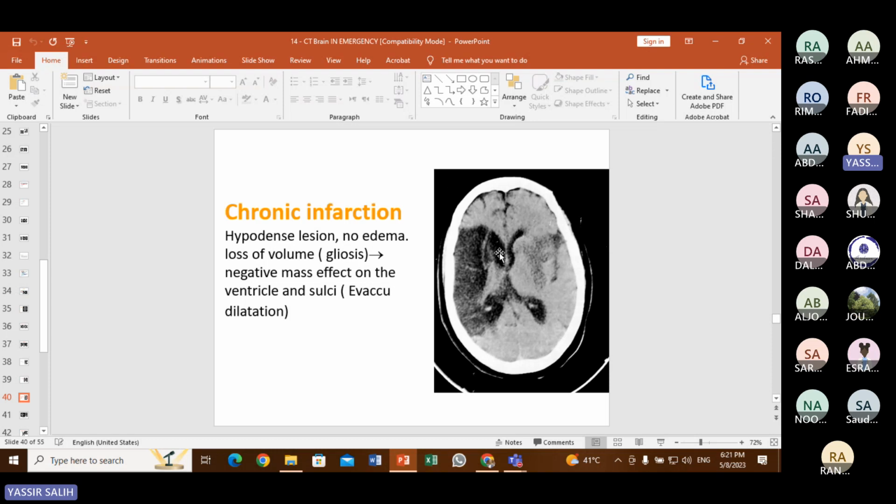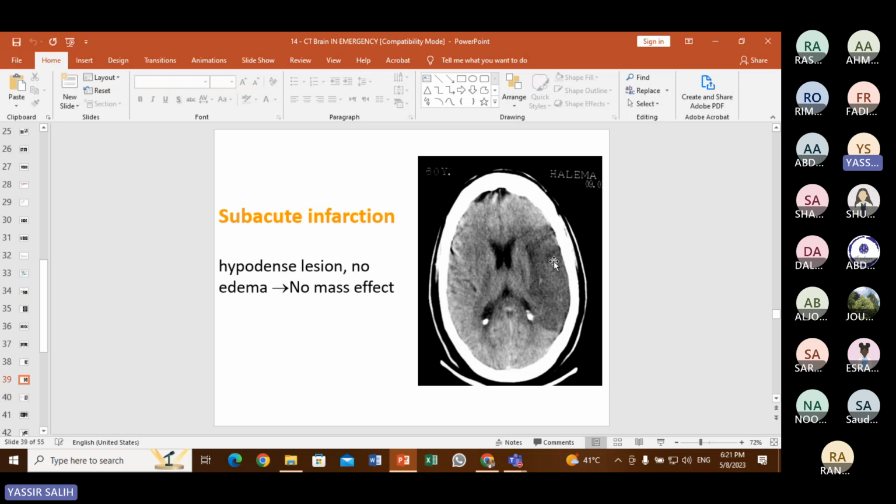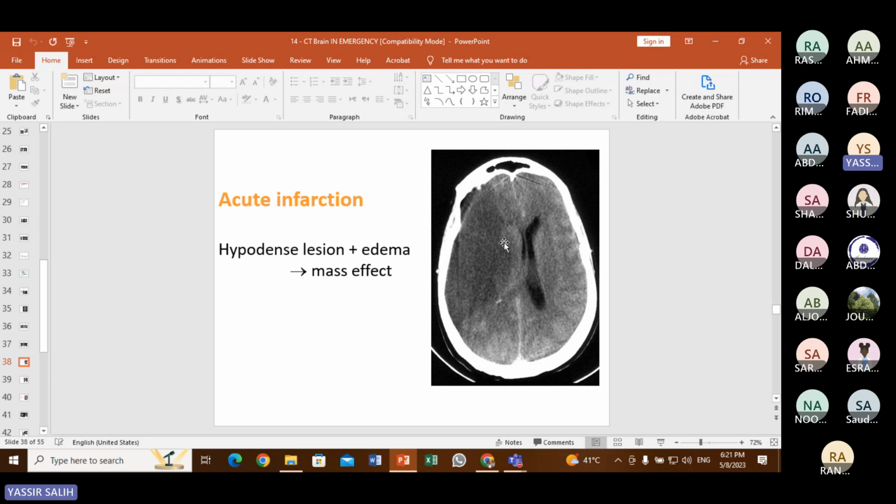So this is called negative mass effect. So chronic infarction is characterized by hypodensity with negative mass effect. Subacute is characterized by hypodensity without mass effect. Acute is characterized by hypodensity with positive mass effect.